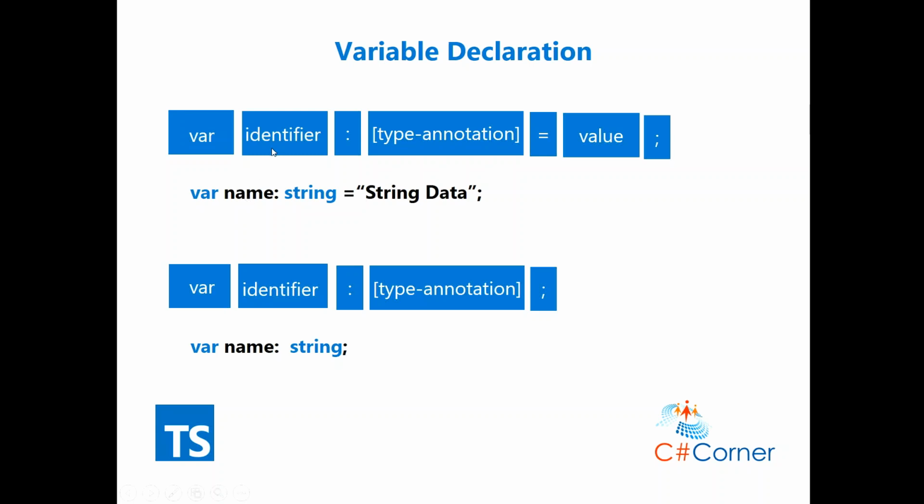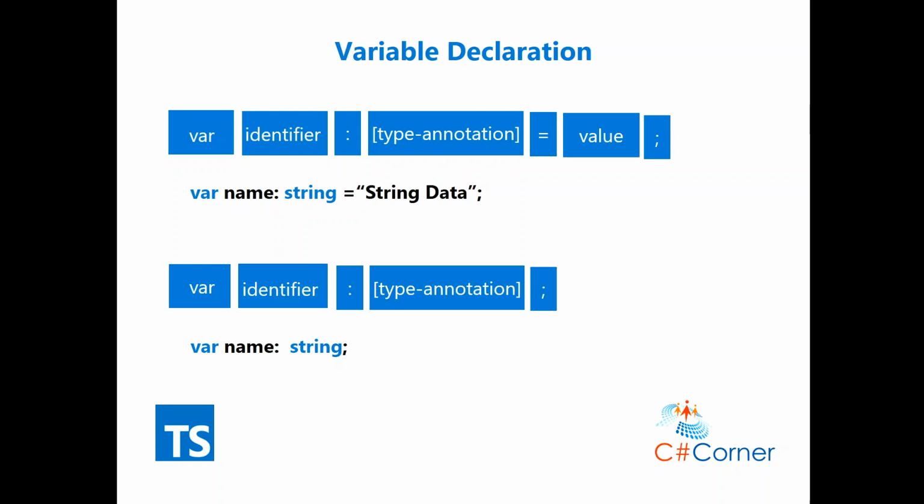In our case, name is the identifier. Then what is the annotation? Here it is string. You use a colon between your identifier and the type annotation. Then you assign your value with equals, then your string data. So whatever variable you declare, you use your identifier in front: name, colon, string, equals, string data.